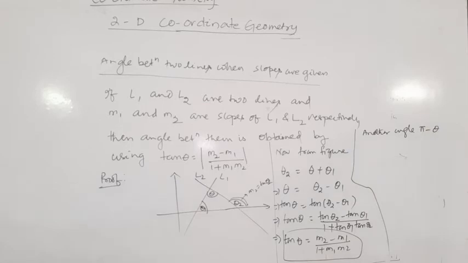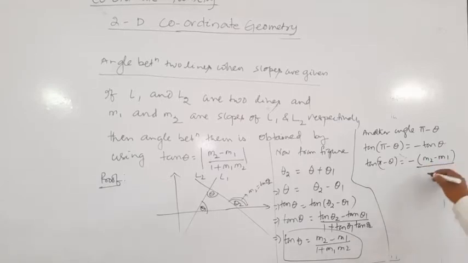So tan of pi minus theta is equal to minus tan theta, which is minus of m2 minus m1 divided by 1 plus m1 into m2.